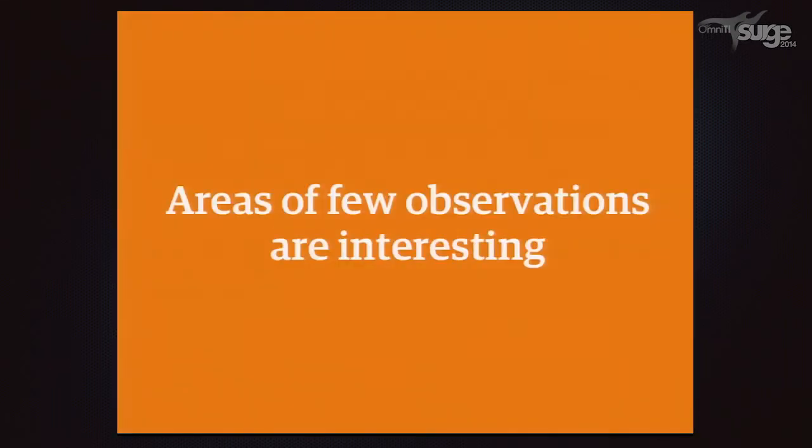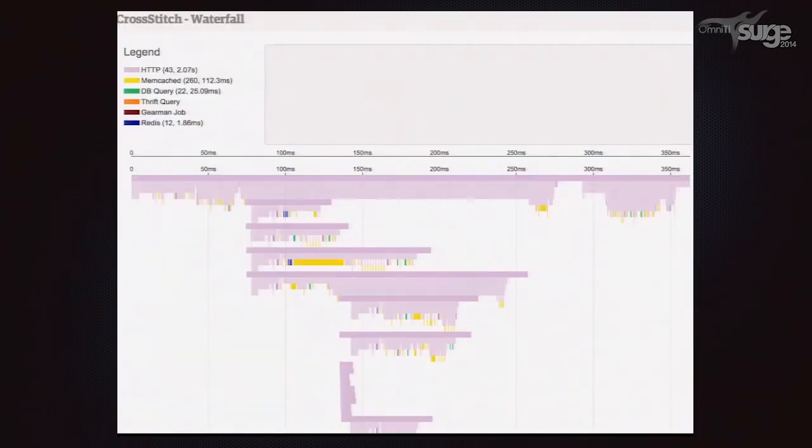Another thing that we noticed from doing this is that areas with few observations are actually the interesting parts of your application. Because if you don't have any service calls in a certain time span, then that suggests that potentially you're just looking at something that's running on the CPU.